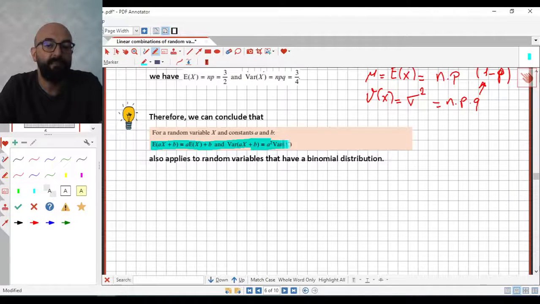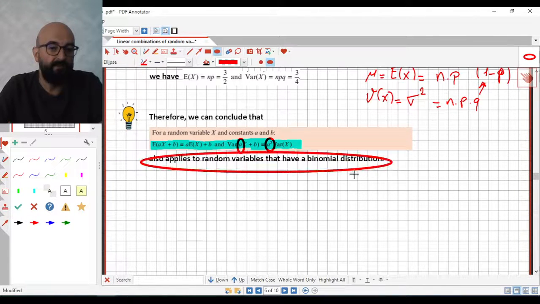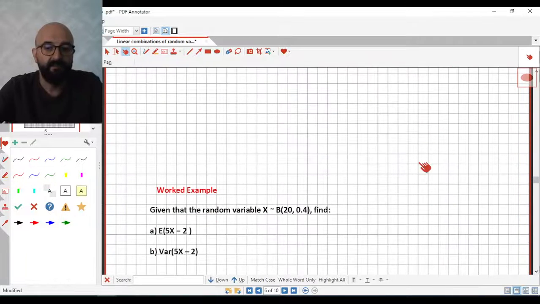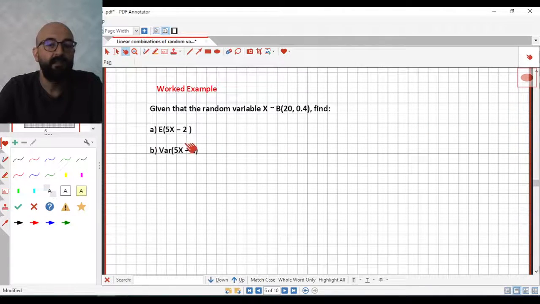But as you remember, for the variance, if we use a, we should write a squared multiplied by the variance. We also apply this to random variables that have a binomial distribution. And we have an example about using expectation and variance in the binomial distribution.